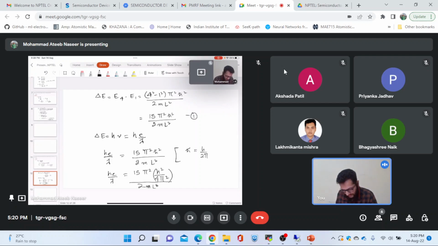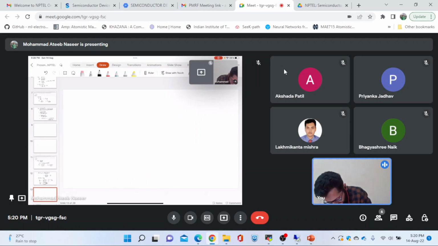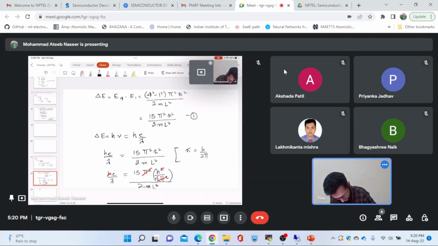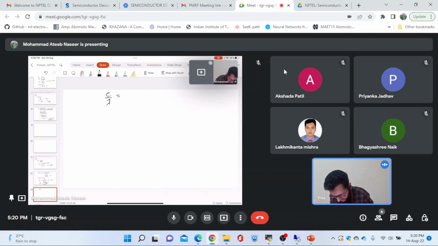The pi squared terms will cancel, and we will also cancel the h on both sides, and we will get c by lambda equal to 15h by 8mL squared.